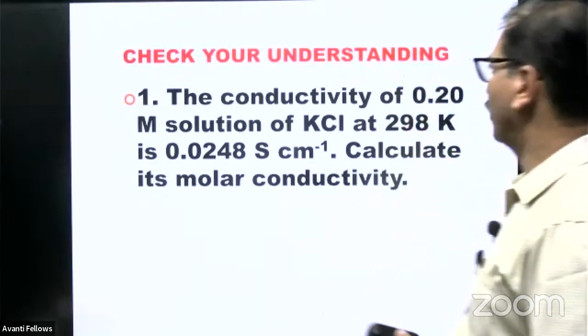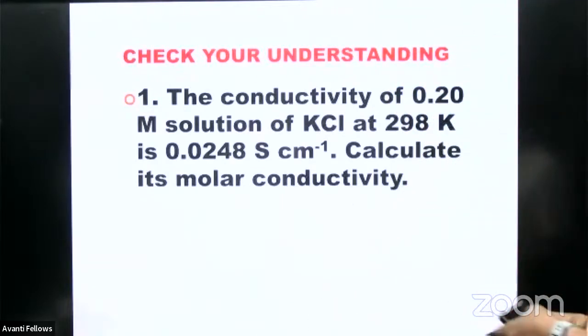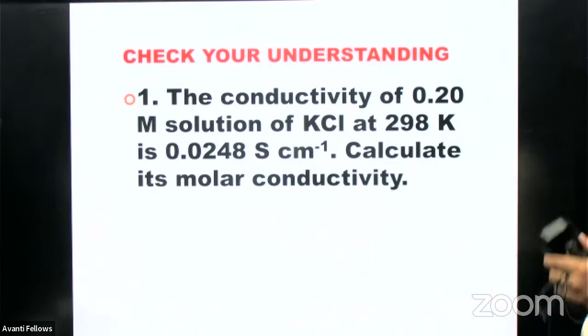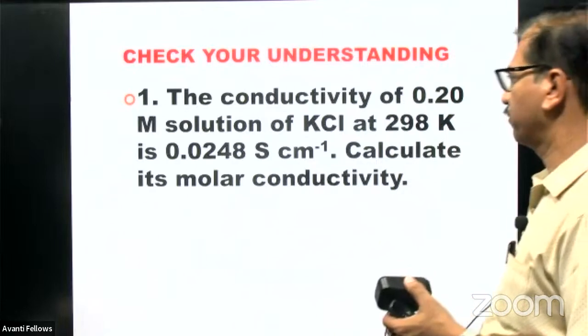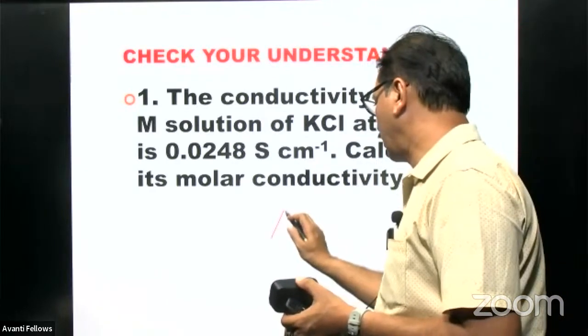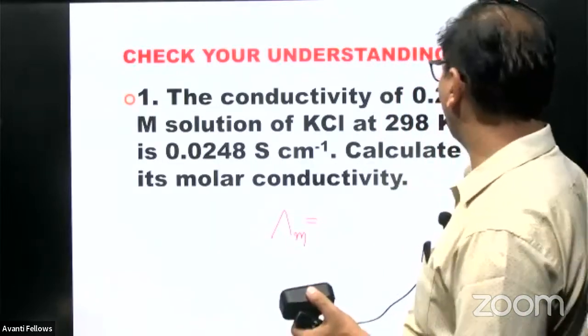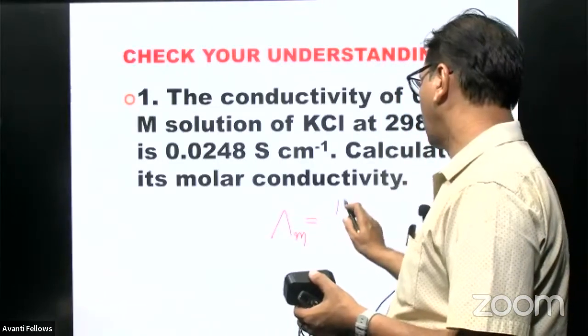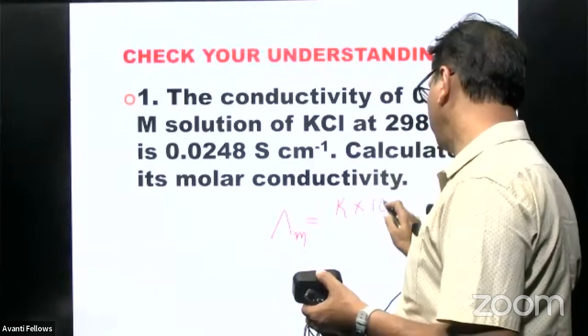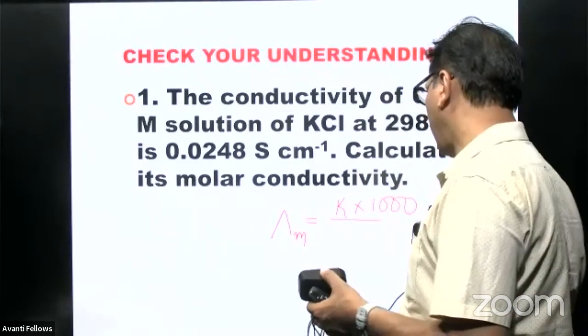Okay, check your understanding. The conductivity of a 0.2 M solution of KCl at 298 Kelvin is given. Calculate the molar conductivity. Molar conductivity is related to conductivity, or kappa: Λm = κ × 1000 / molarity.